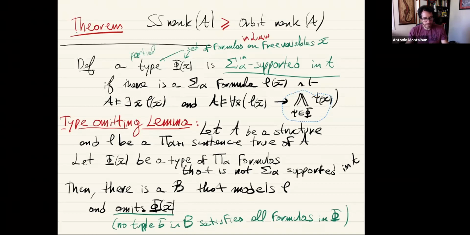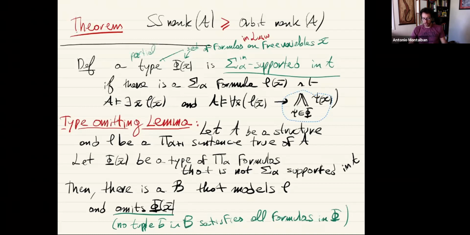For the ones that remember their model theory, one of the proofs in first order logic of the type omitting theorem uses a hanging construction, which is the same way as you prove completeness in first order logic. In a hanging construction, you have an infinite set of constants, and you start enumerating a set of formulas about these constants, so that they are all consistent along the way.